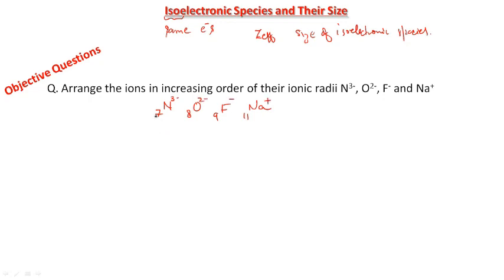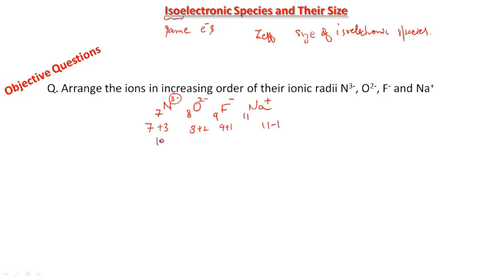So here is a trick. Simply write the effective atomic number, and whatever the charge on that particular atom, change its sign. It is minus 3, so add plus 3. 8 plus 2. 9 plus 1. For 11, it is plus 1, so minus 1.